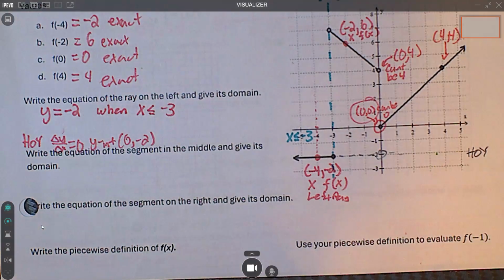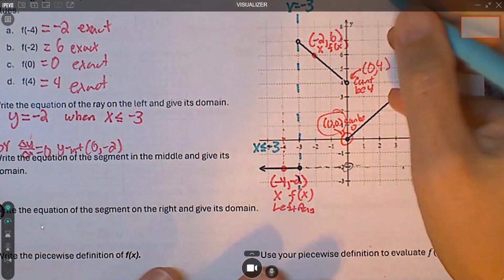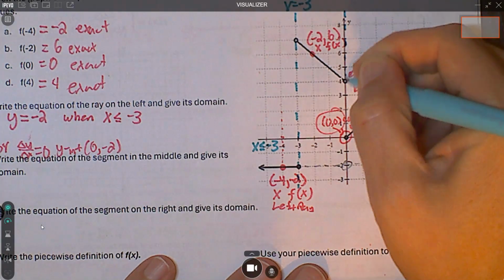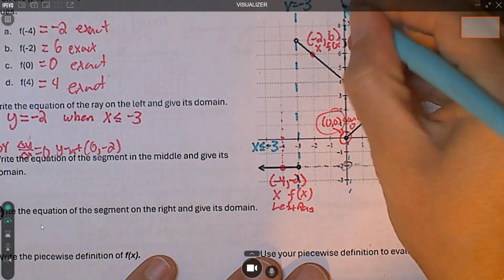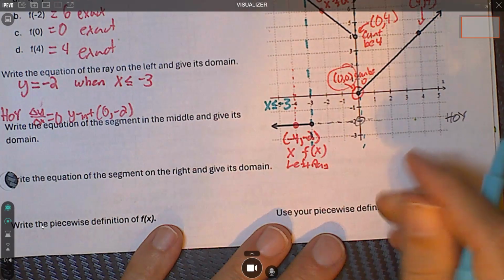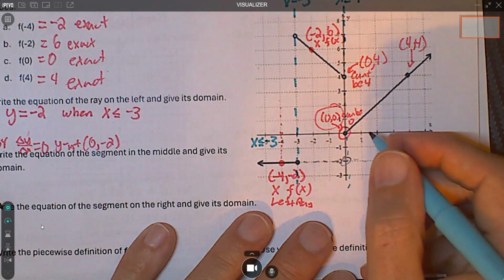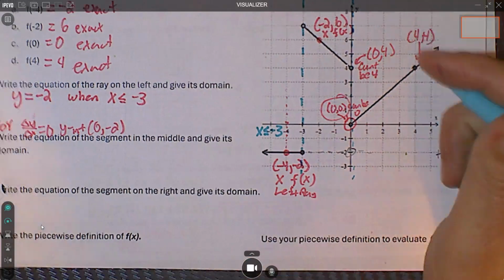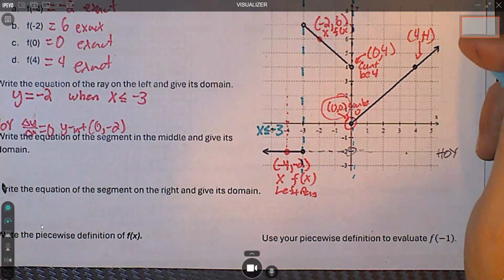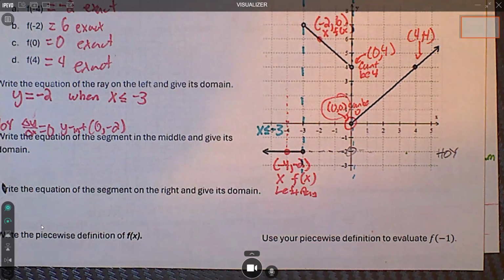Okay, the line in the middle switches functions there. Okay, so this happens when we go with that. You go with that top one. You could write it in point slope.